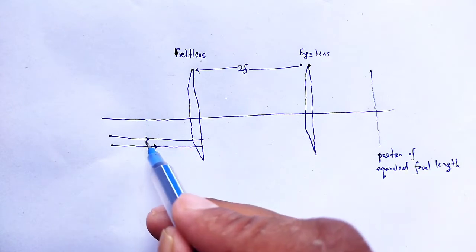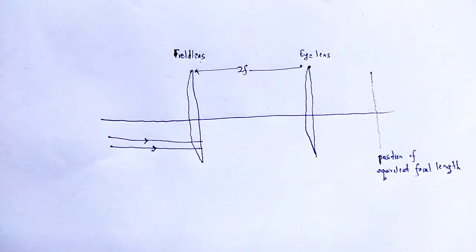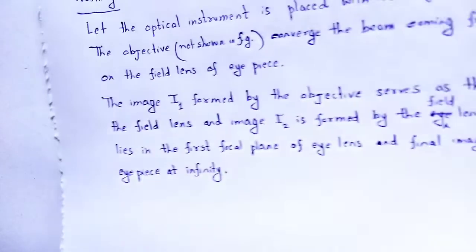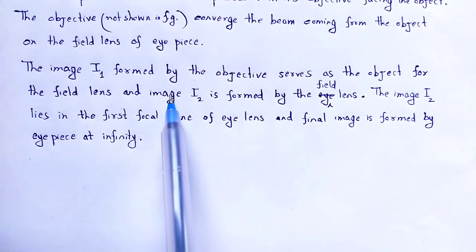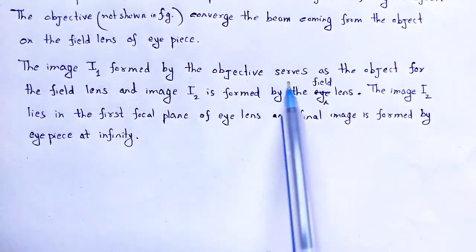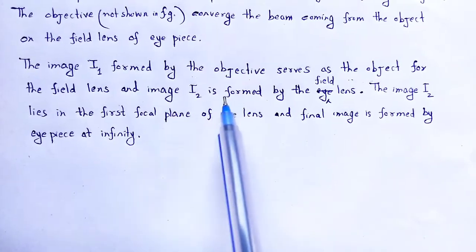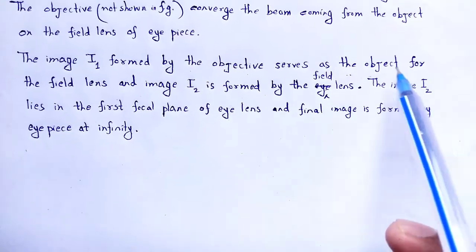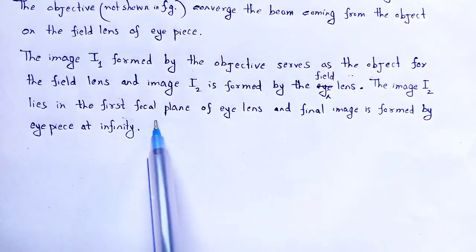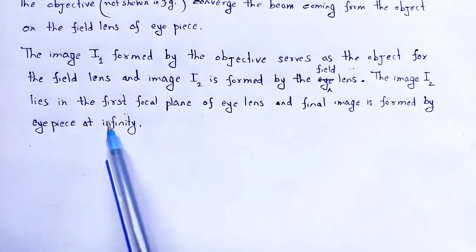Due to this objective, the image I1 is formed by the objective, which serves as the object for the field lens, and the image I2 is formed by the field lens. The image I2 lies in the first focal plane of the eye lens, and the final image is formed by the eyepiece at infinity.